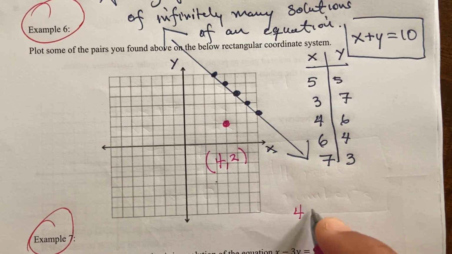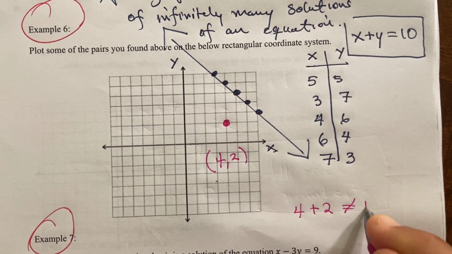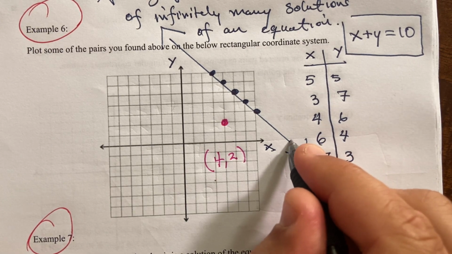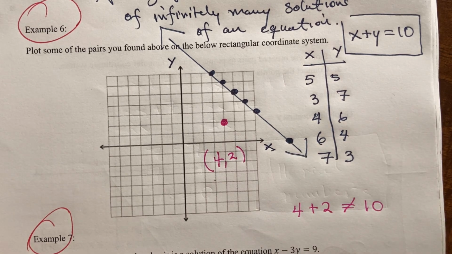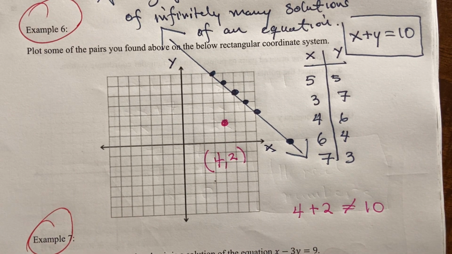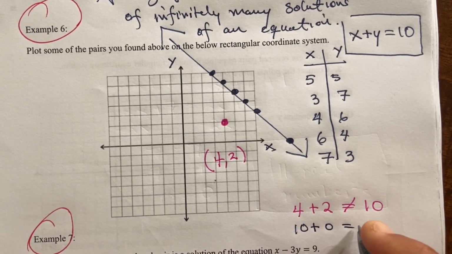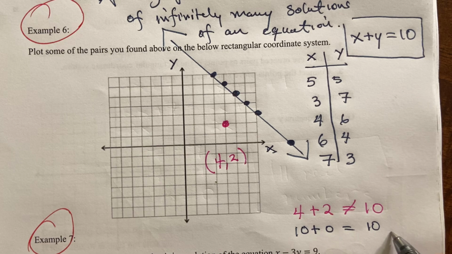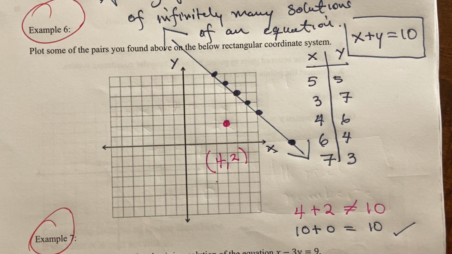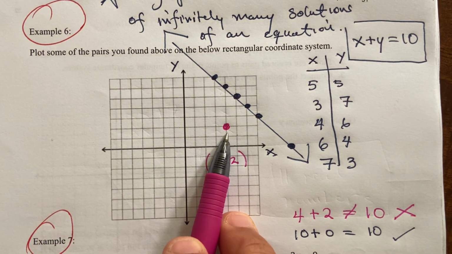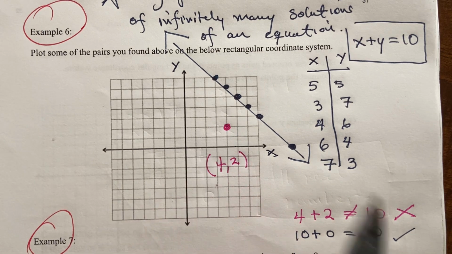Well, because 4 plus 2 does not equal 10. Right? This point over here, I'm thinking of the point 10, 0. 10, 0 is on there because 10 plus 0 is 10. Right? So this is providing a true statement when plugged in. This is providing a false statement when plugged in. Therefore, this is not a solution to the equation, and that's why it's not on the graph.